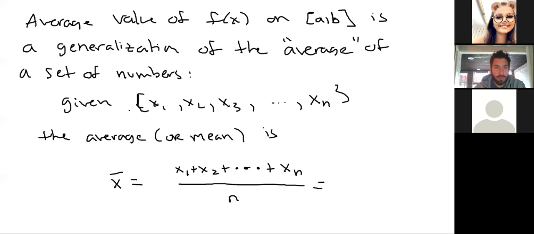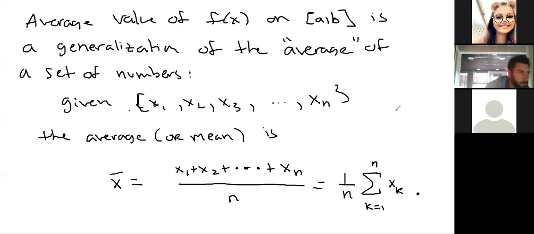So if you want, you can write this as 1 over n times the sum of x sub k, k goes from 1 to n. So there's no doubt in my mind that you guys computed averages in your life.